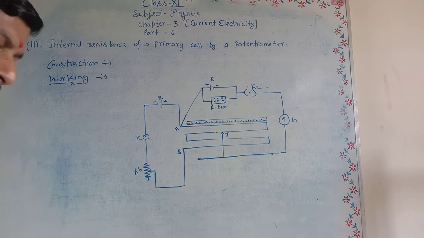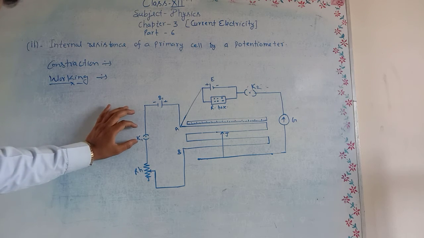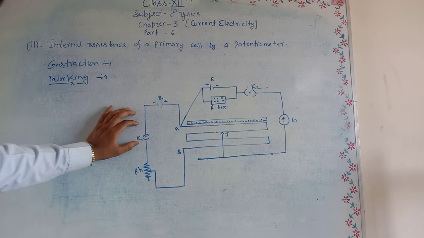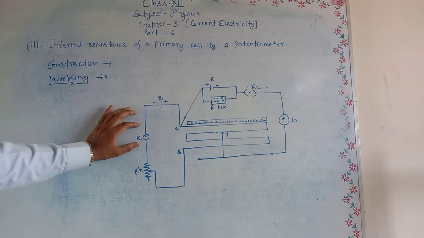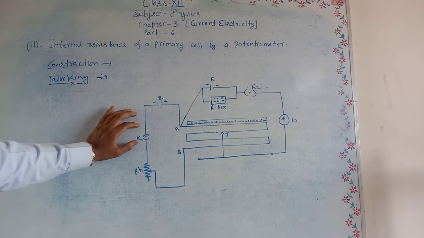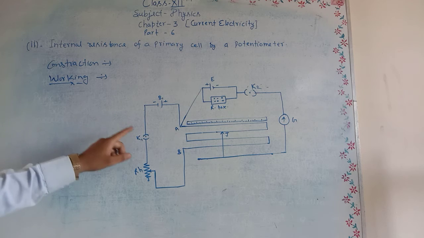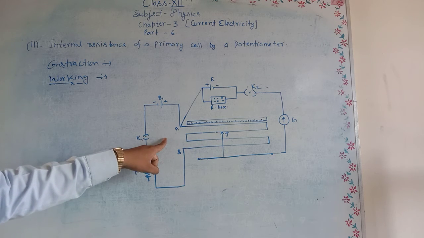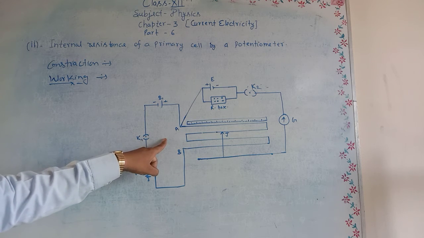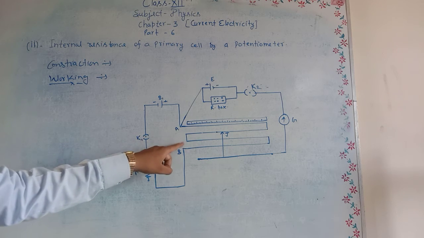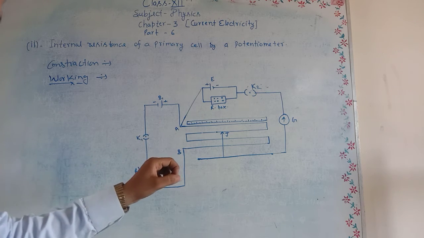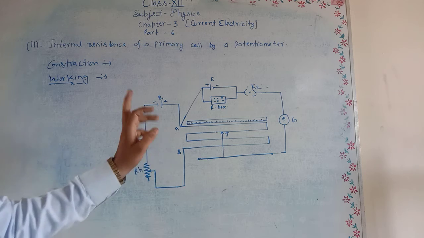Close key K1, a constant current flows through the potentiometer wire with key K2 kept open. Move the jockey along AB till a balance of the EMF of the cell.